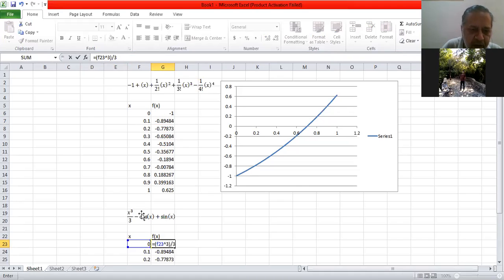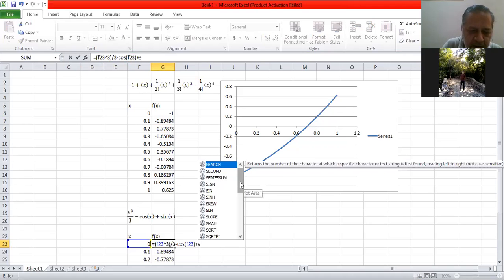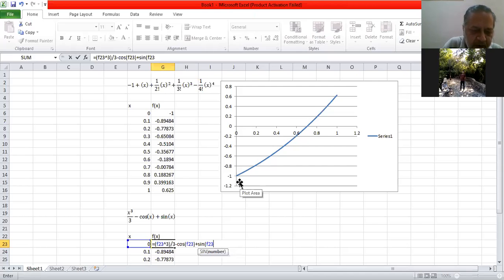I'm following this formula. Minus cos of x, which is F23, plus, do I have plus? Yes, plus sine of F23.